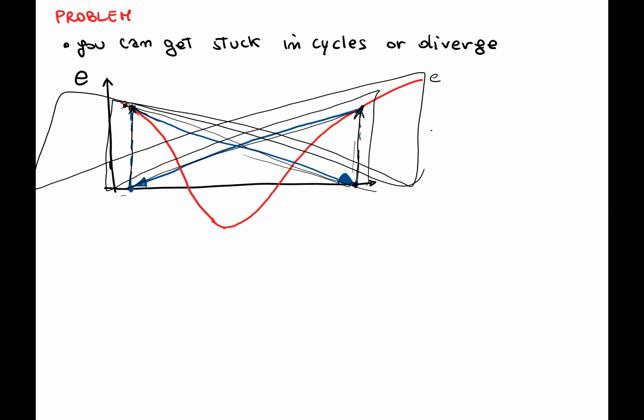This is because the function might initially decrease and then increase again. So what do you think could be a solution for this?